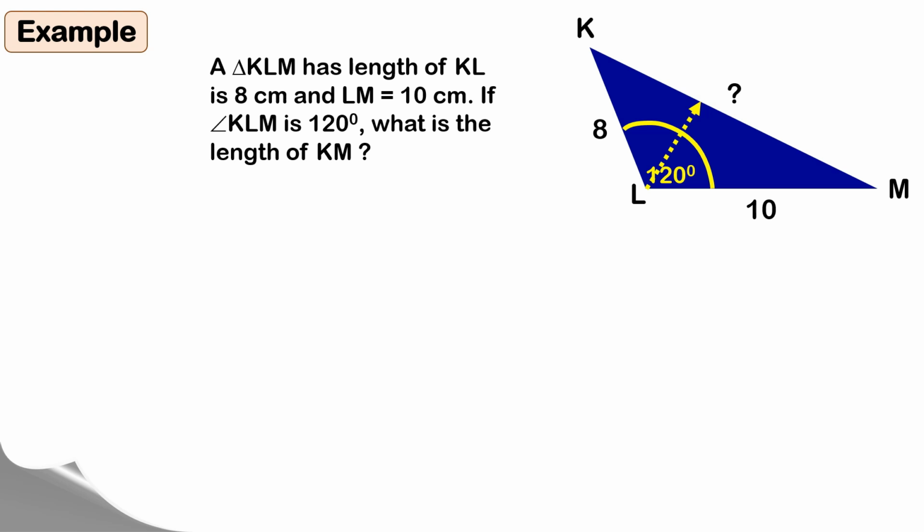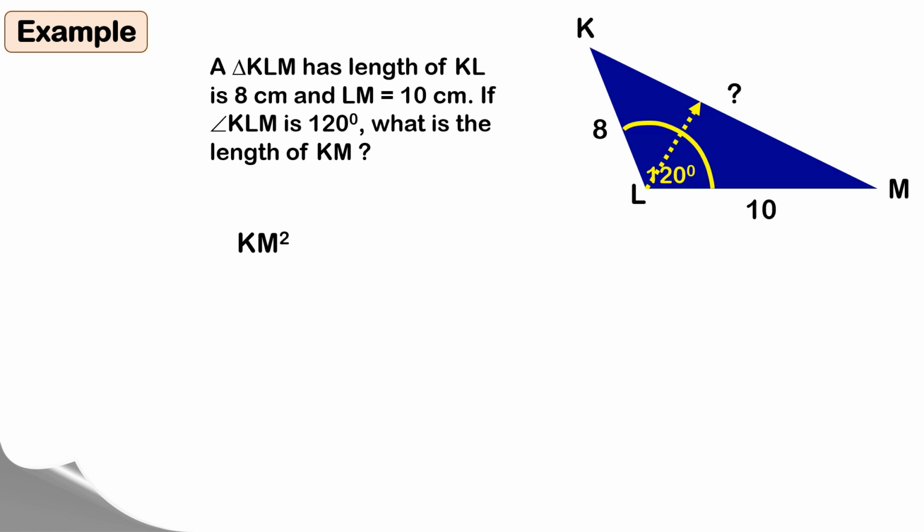In the picture, it can be seen that the 120-degree angle is flanked by KL and LM. And the question is the side KM, which is very much in accordance with the shape of the arrow.